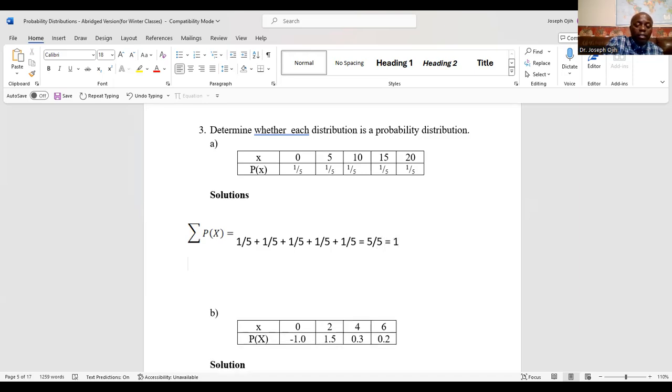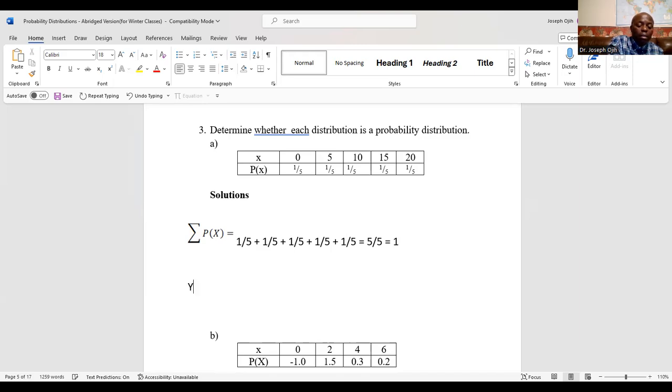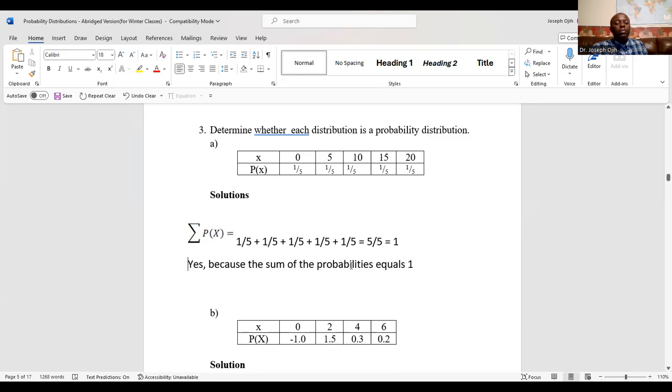So the answer is yes, because the sum of the probabilities equals 1.